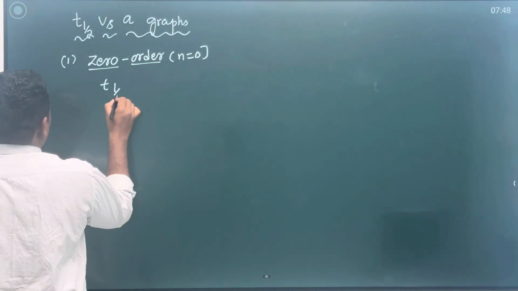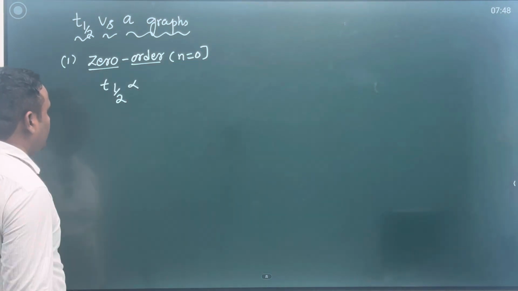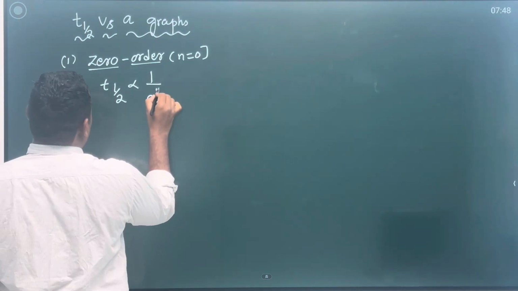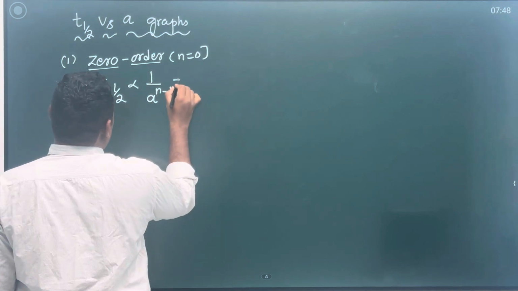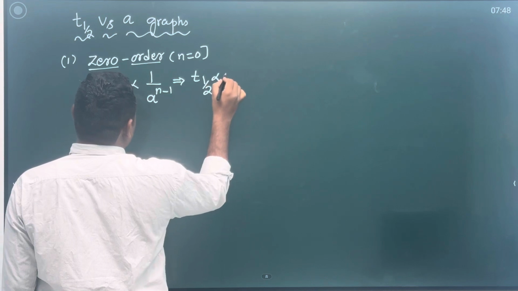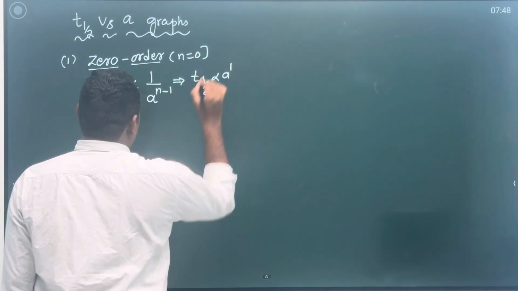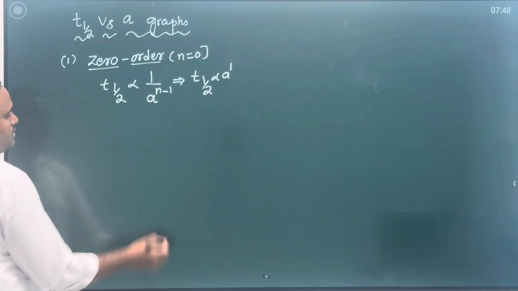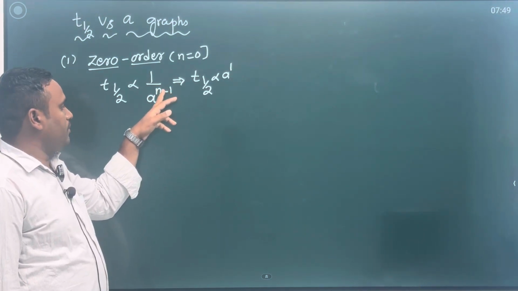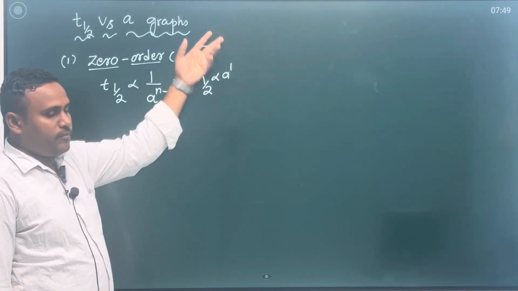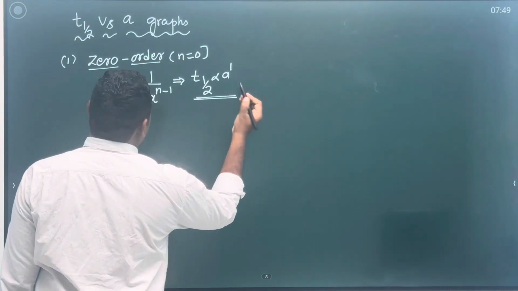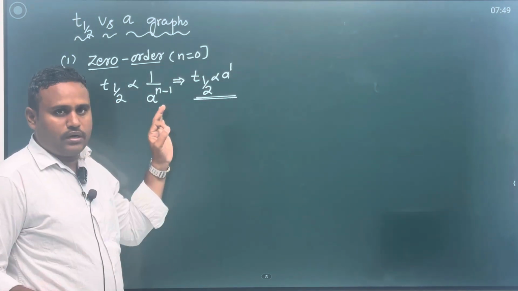So t half is proportional to 1 by a power n minus 1, which implies t half is proportional to a power 1. Simply, we substitute 0 here: 0 minus 1, a power minus 1 goes to the numerator, giving a power 1. This means t half is directly proportional to the initial concentration in zero order reactions.